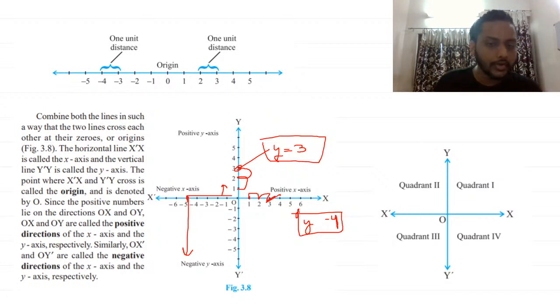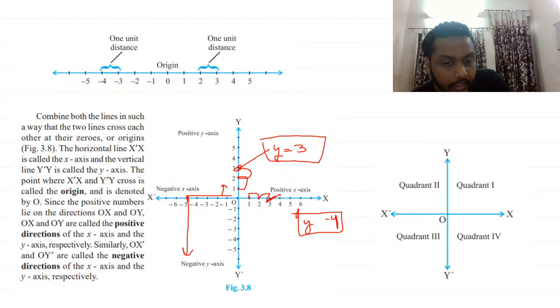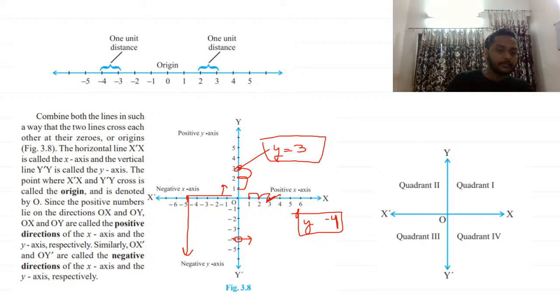You will be going below your origin because your y is negative. And how far will you go? Y equal to -4, up to here you will go. And this is going to be the point, that is your y equal to -4. Am I clear with this, guys?